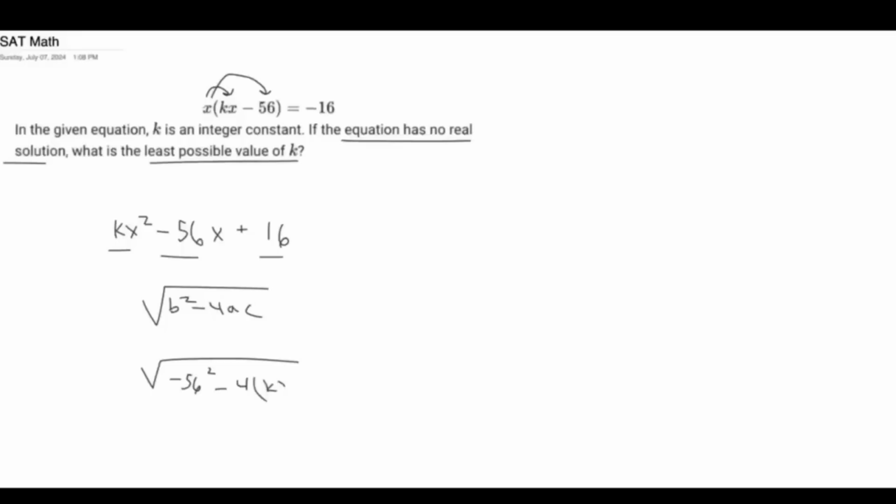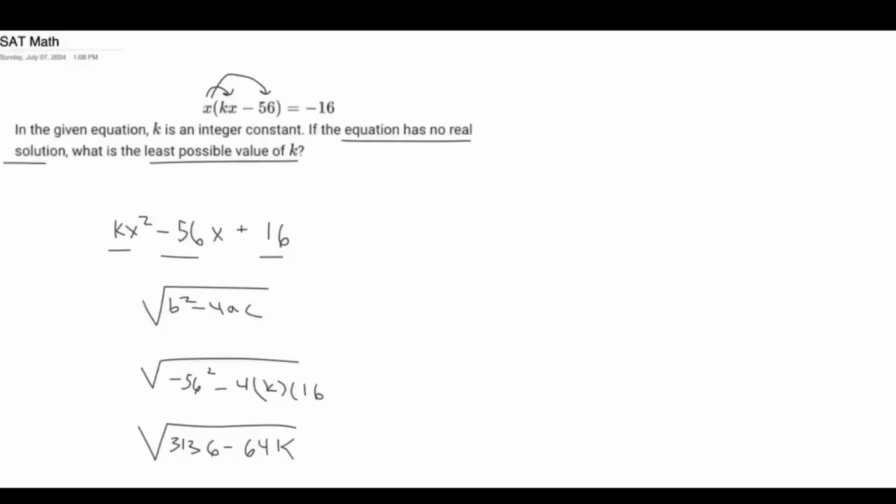So we don't actually know what that is, but we know our c value is 16. So this is what's interesting. Now we have everything out here. Negative 56 squared is going to give us 3,136. And this will be equivalent to, we do 4 times 16, so negative 64k, right? So this is our discriminant right now.